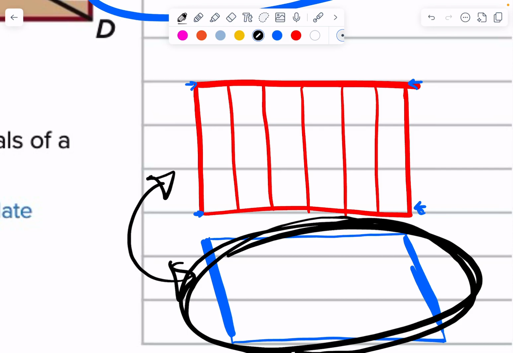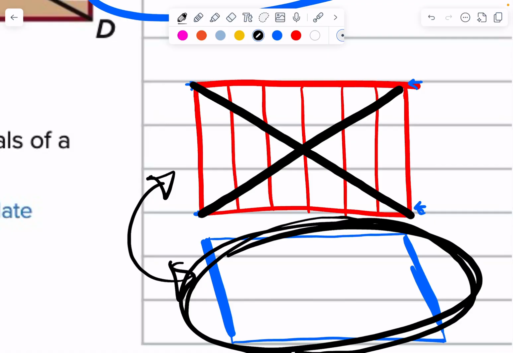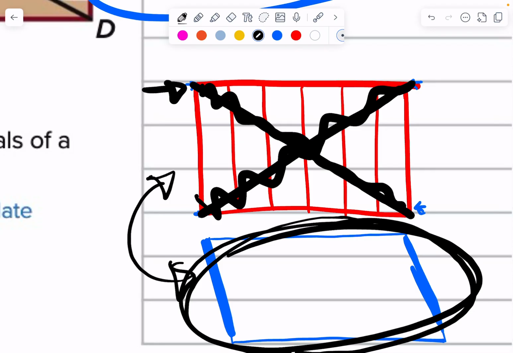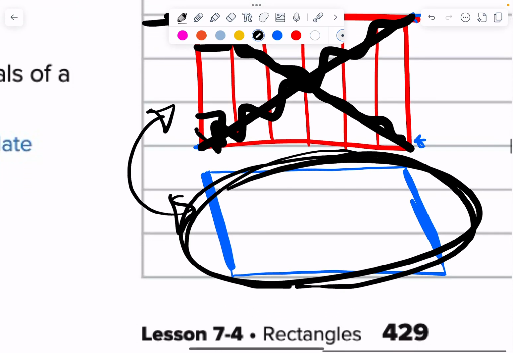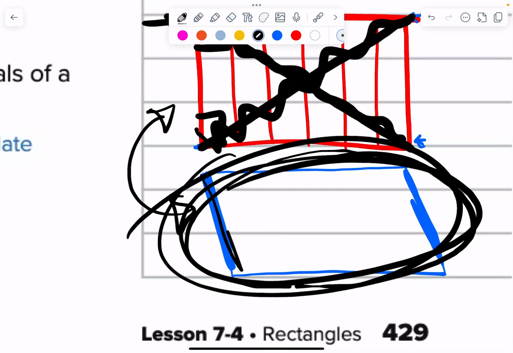He will measure from here to here, and then he will also measure from here to here, and make sure that they're the same length. If one of them is longer, he'll use his hammer and tap in one side until these guys are the same length, because if those diagonals are the same length, I know that's a perfect rectangle making 90 degrees. If they are not the same length, then this guy is at a slant, right? And I want to make sure he's not at a slant.